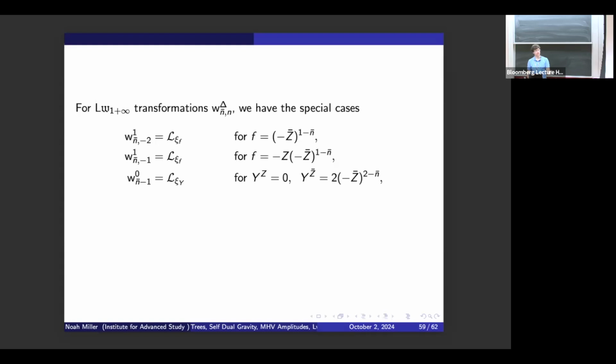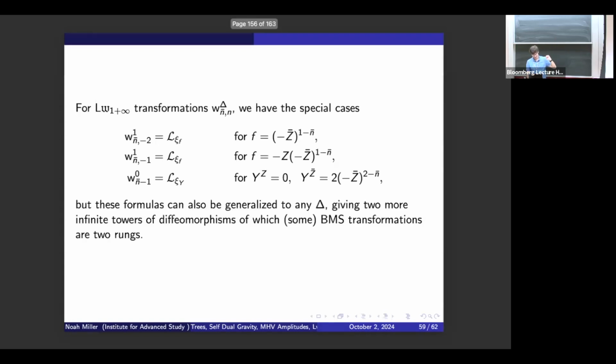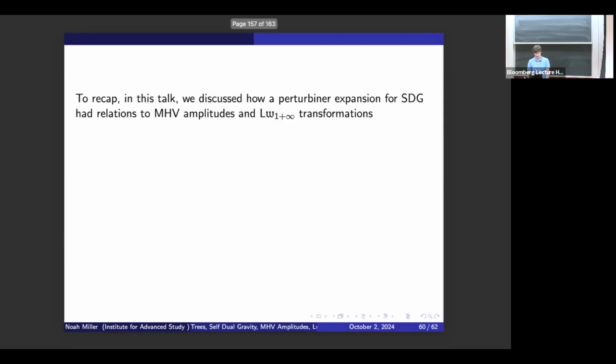That subset of BMS transformations you can read easily in here. But these formulas can also be generalized. For these vector fields, I took particular deltas, 1 and 0, but you can take any delta and get two more infinite towers of diffeomorphisms beyond just BMS; for these deltas, the BMS are just two rungs.